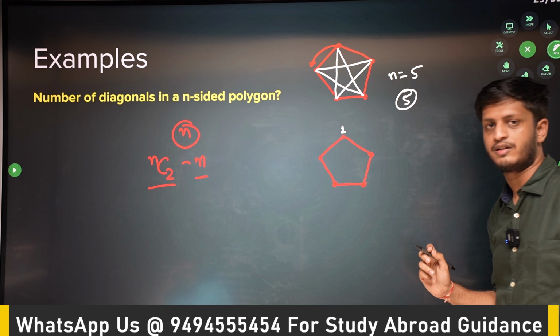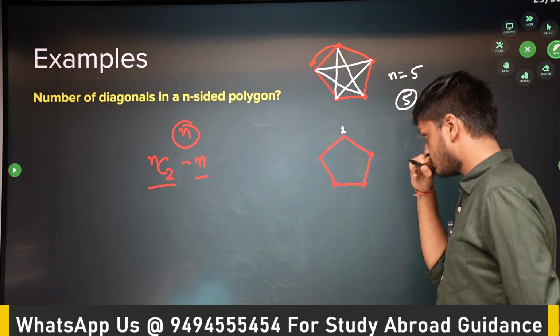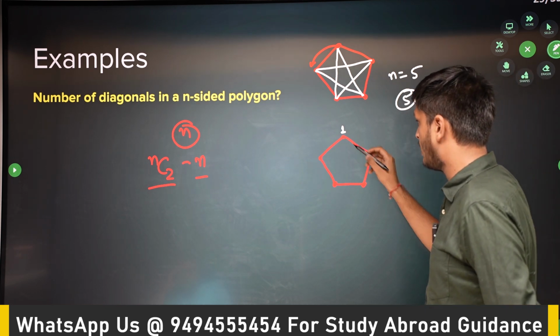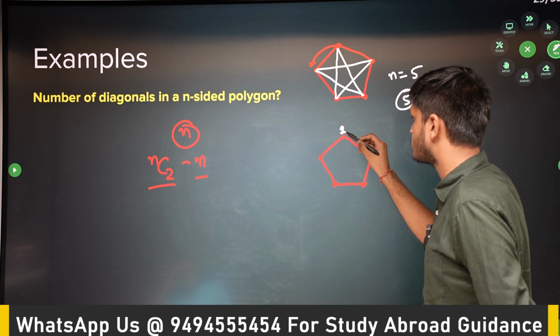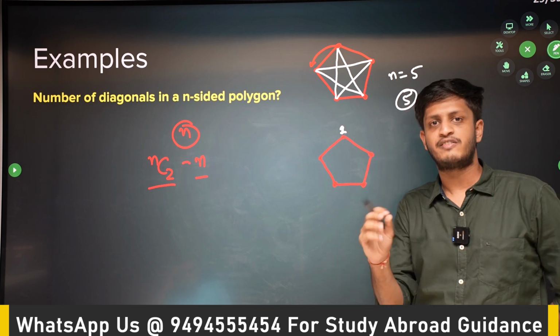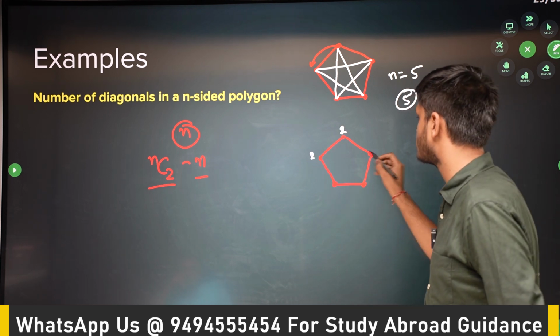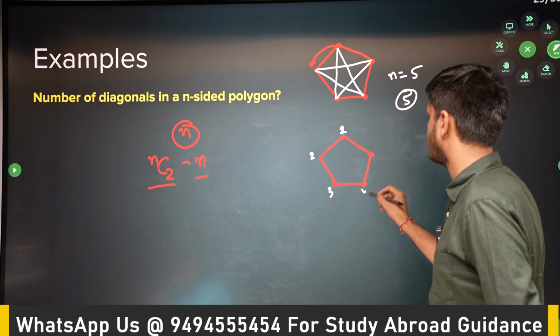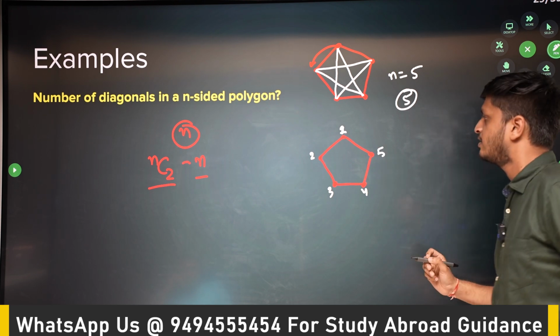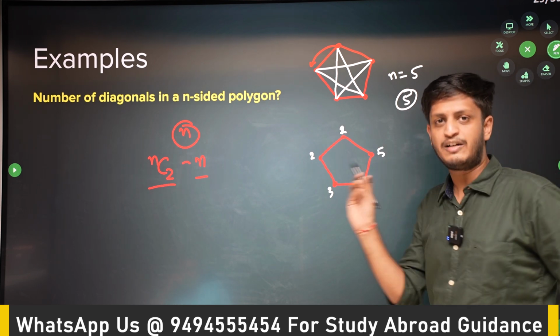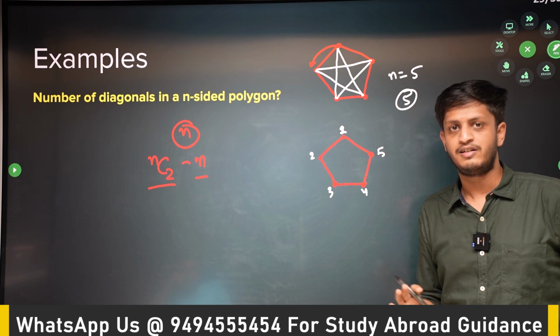I took this vertex 1. I want to create a diagonal starting at vertex 1. I have more vertices, 2, 3, 4 and 5. So basically, if I connect 1 with some other vertex, then it will be a diagonal.